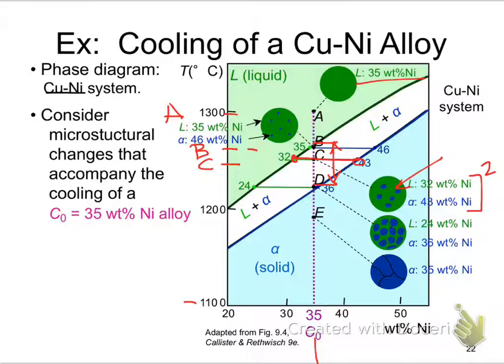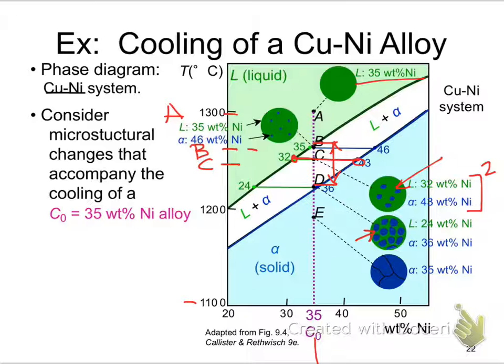When we cool down to D, we are now at the boundary between all solid and liquid, so we are nearly all solid. In this case, I think there's probably too much green showing for this one, where it should be nearly none. It should be almost completely blue.